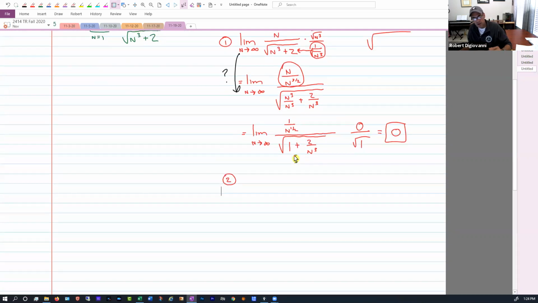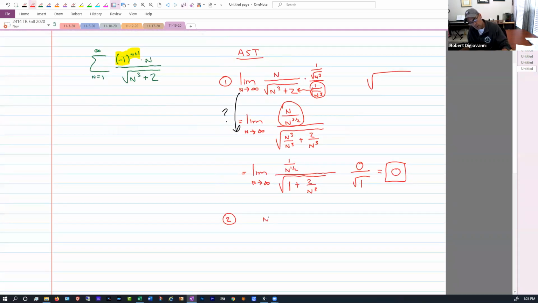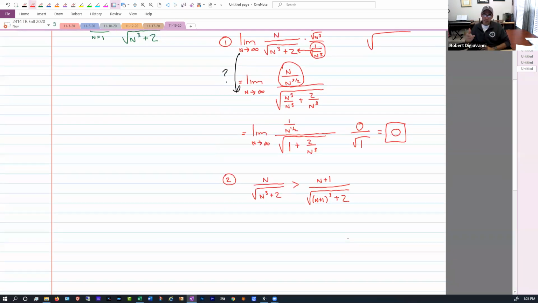So I need to show that the original sequence is bigger than that sequence when I plug in n plus 1. So I have to plug in n plus 1 everywhere I see an n, and make sure we can show that that's true.